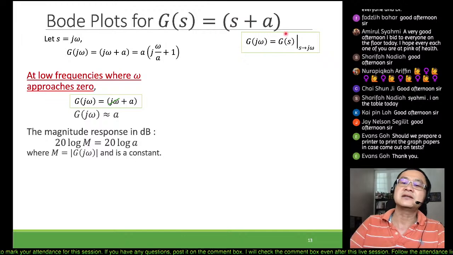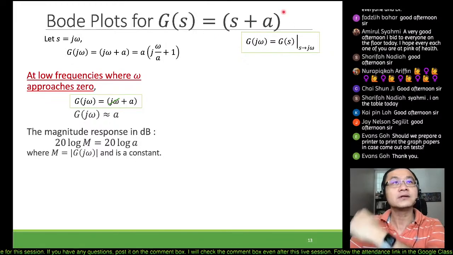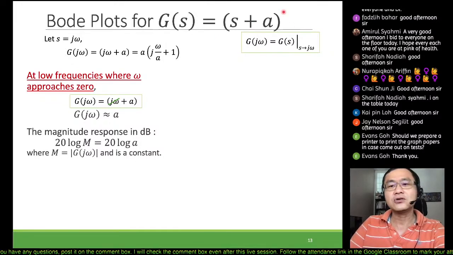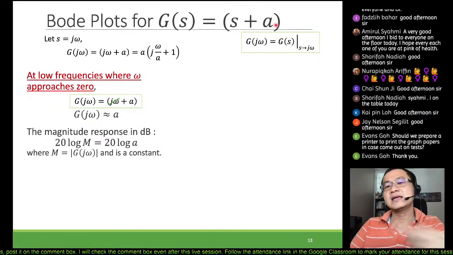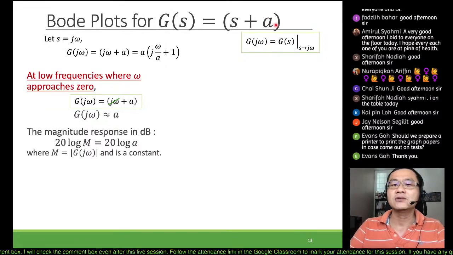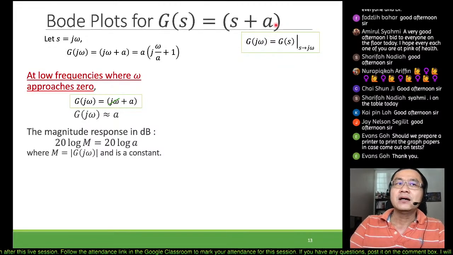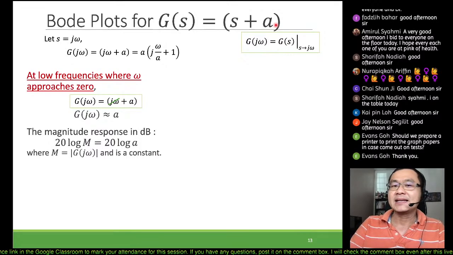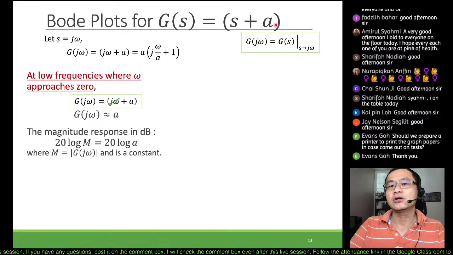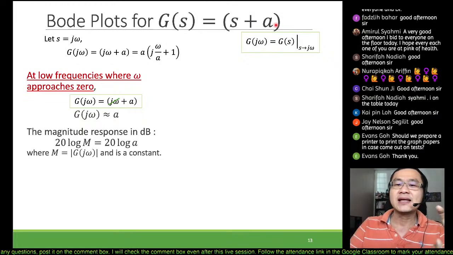This is a general transfer function for zeros, with a zero at the value a. Why we will do this is because, as we said, we want to use straight lines to approximate the Bode plot. So we will start to analyze part by part.